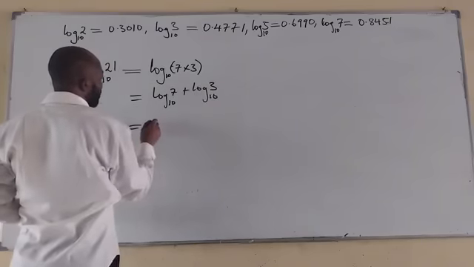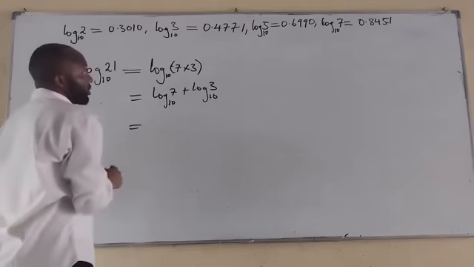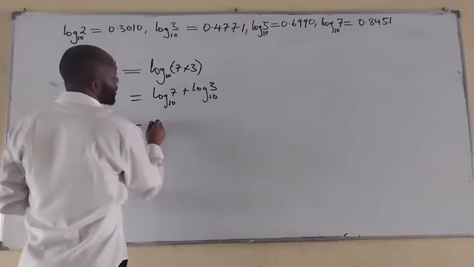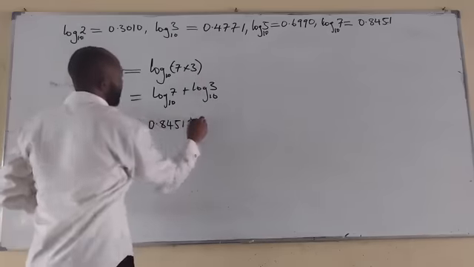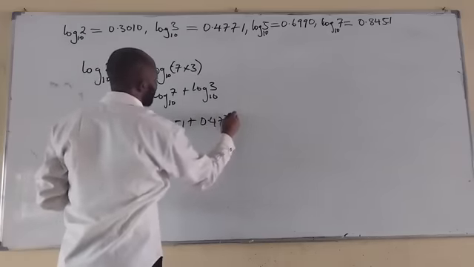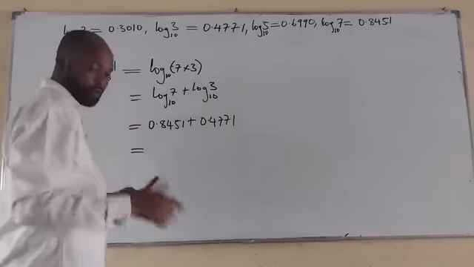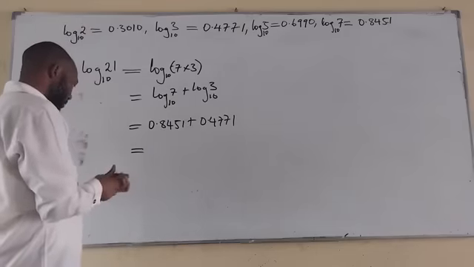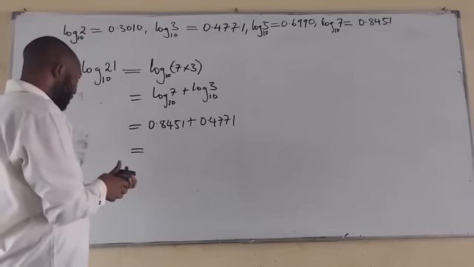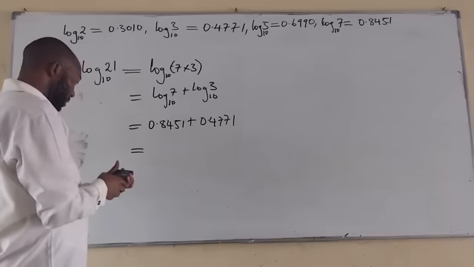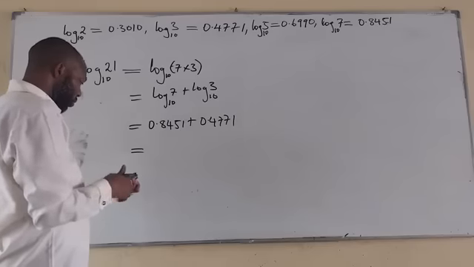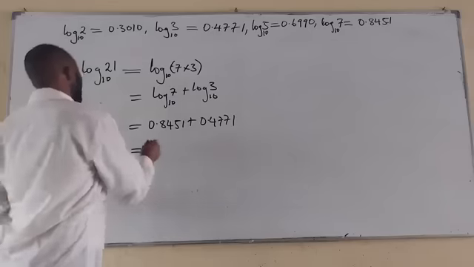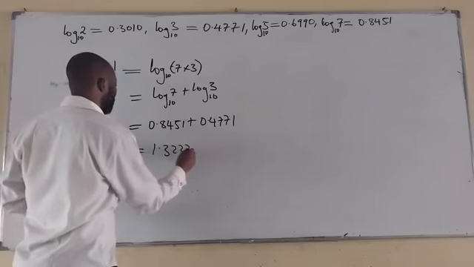So this is equal to log 7, which is 0.8451, plus log 3, which is 0.4771, and this is equal to 1.3222.